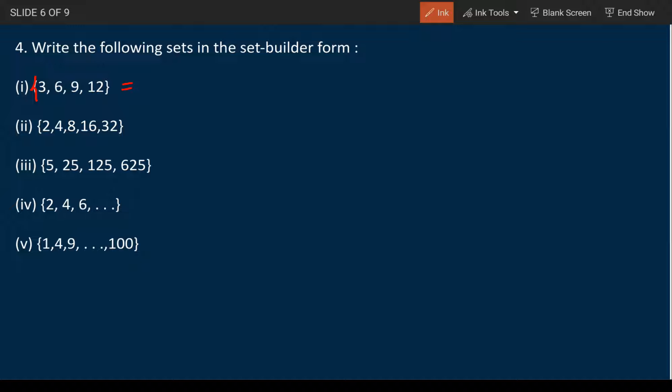So we can write that x is equal to 3n, where n belongs to the natural numbers capital N and 1 is less than or equal to n less than or equal to 4. n travels from 1 to 4.